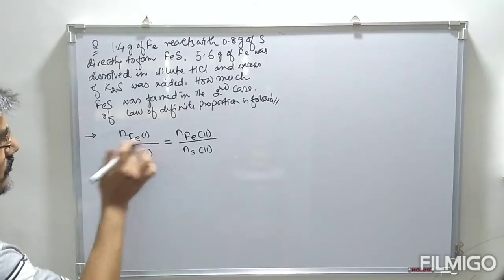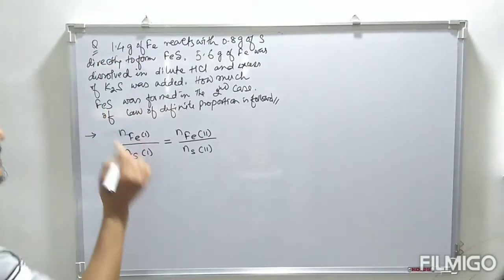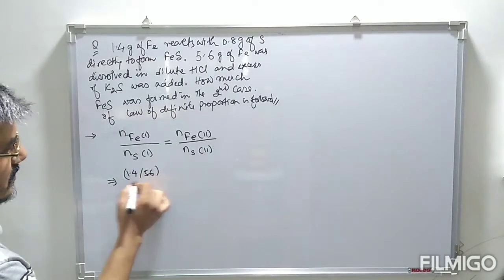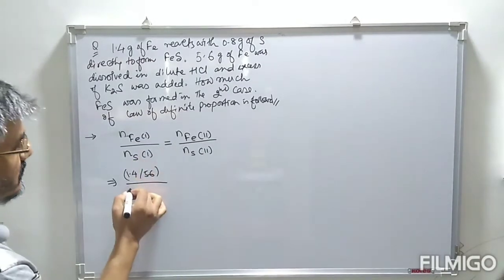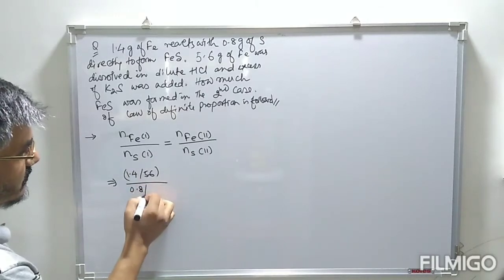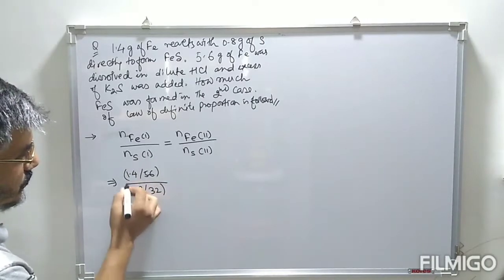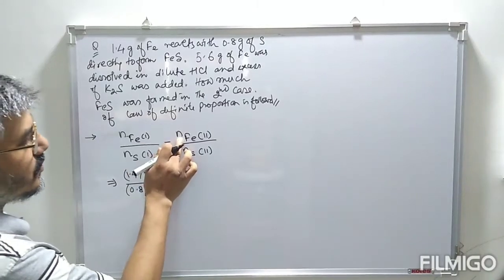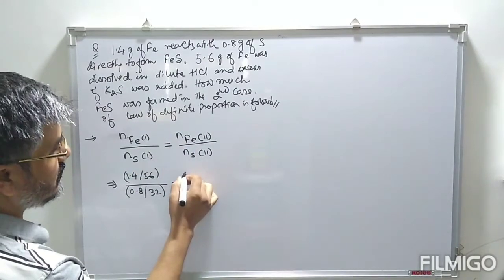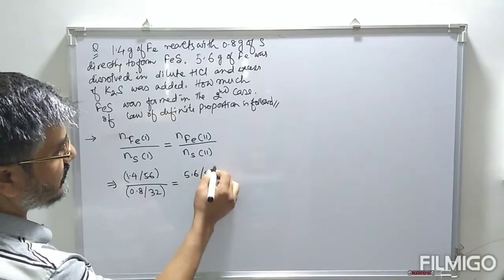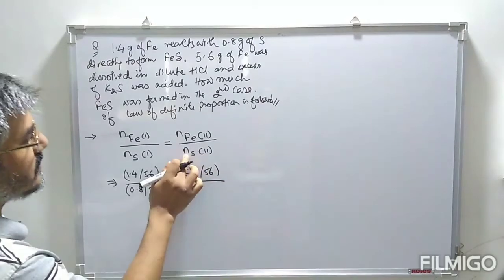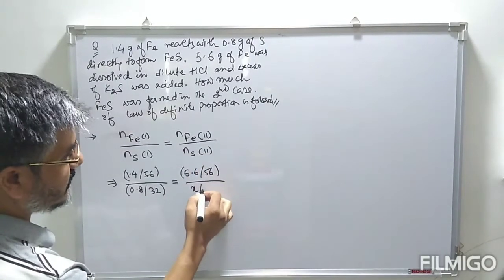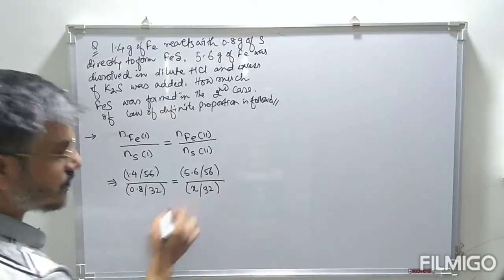Number of moles is mass divided by molar mass. Number of moles of sulfur in the first case is 0.8 divided by 32. Moles of iron in the second case is 5.6 divided by 56. Let the mass of sulfur be x, so moles of sulfur is x divided by 32.